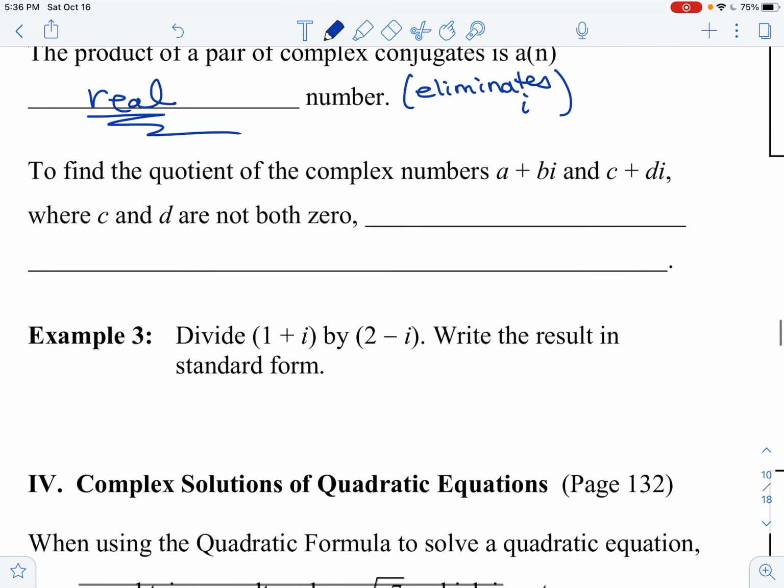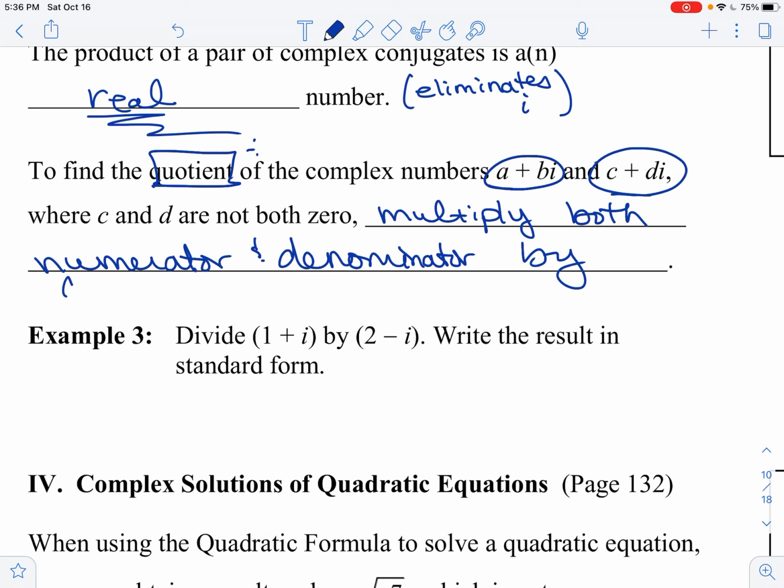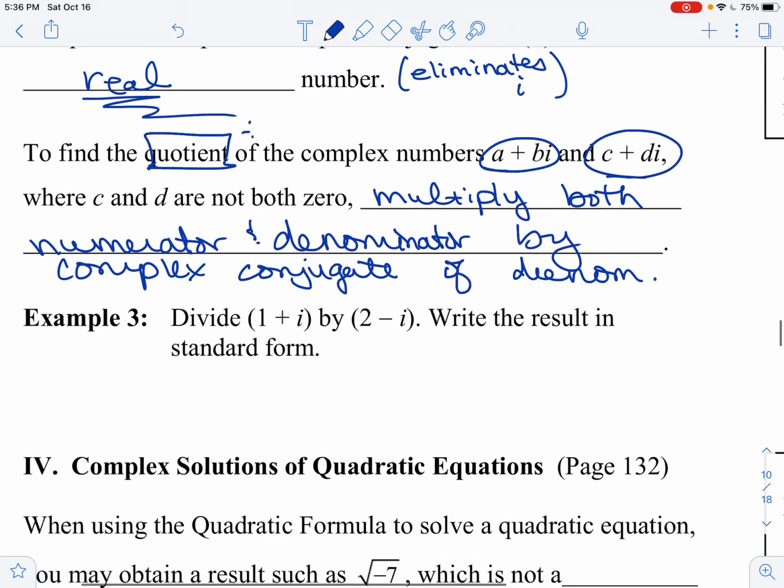To find the quotient, and remember quotient means division, of two complex numbers, you're going to multiply both the numerator and denominator by the complex conjugate of the denominator. And we'll talk about that.